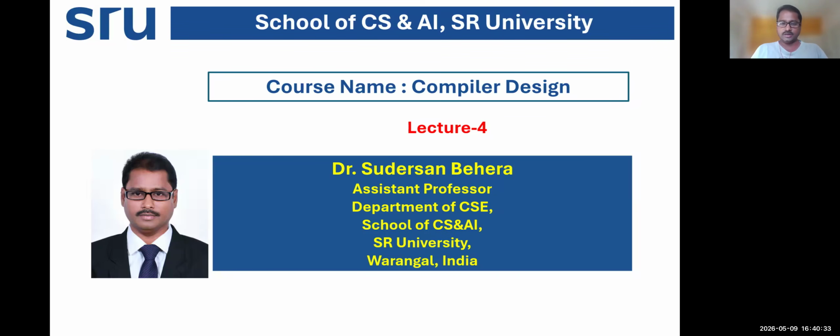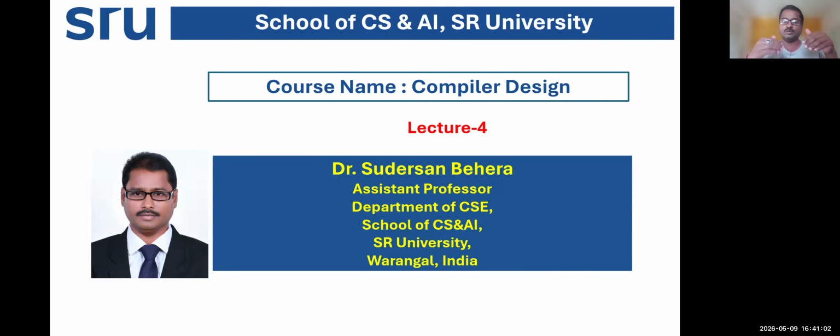In the last class, we discussed how the individual phases of a compiler work. We realized that with the help of an example. We took a single example and observed the role of each and every phase of the compiler through that single example, right?